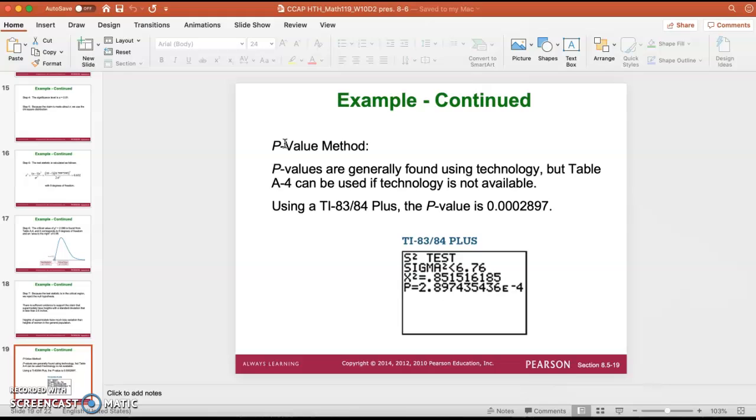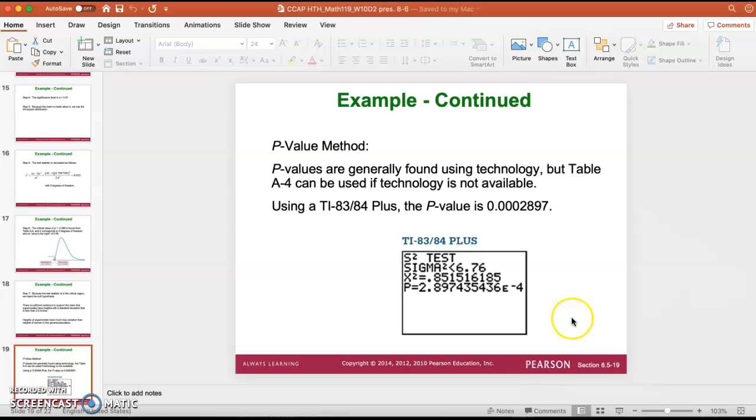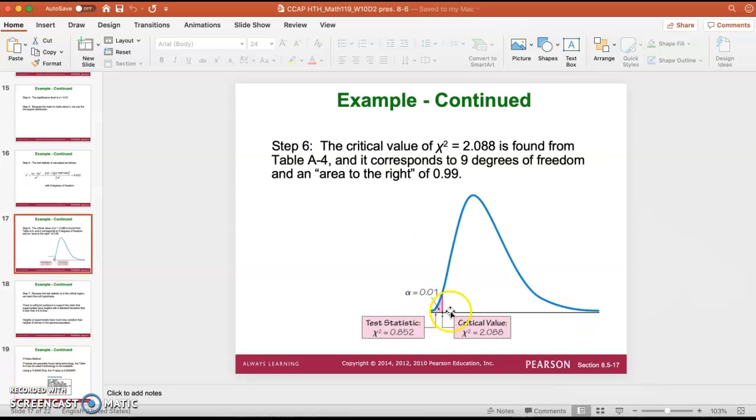With the p-value method, you can do this using other forms of technology, such as a TI-83 or 84. They can find p-values for you that'll end up looking something like this. But for our purposes, what will be best is using the critical value method, or the traditional method, and figuring out which critical values mark where our rejection region starts, and then seeing if our test statistic falls in that rejection region or not.